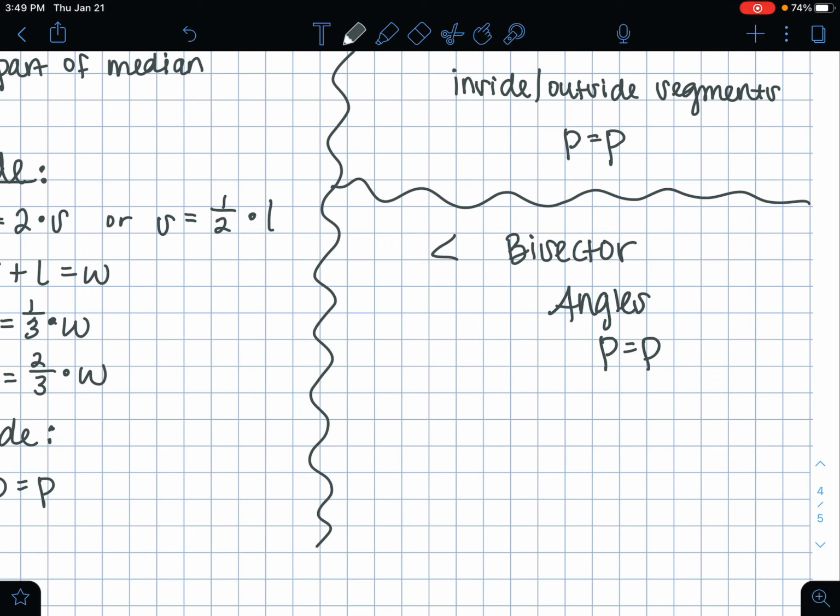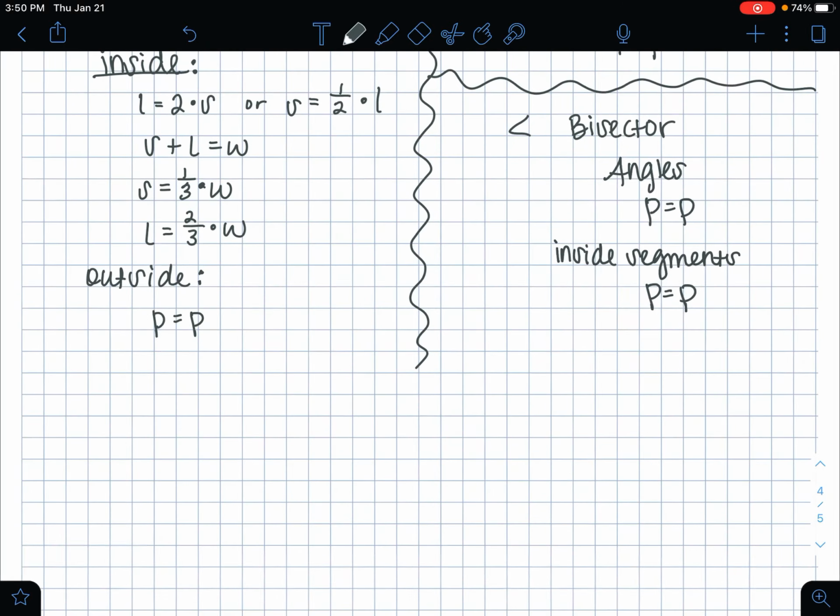And even if it's talking about the inside segments, that'll also be part equals part. This one should not have any questions about the outside segments, so don't even worry about that.